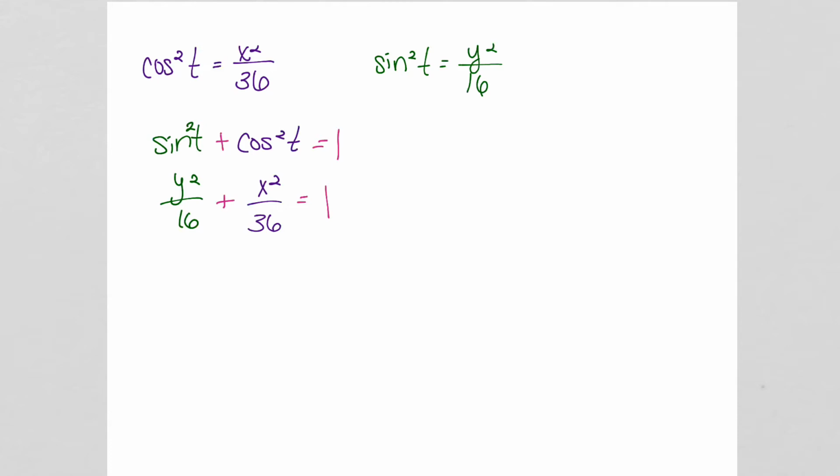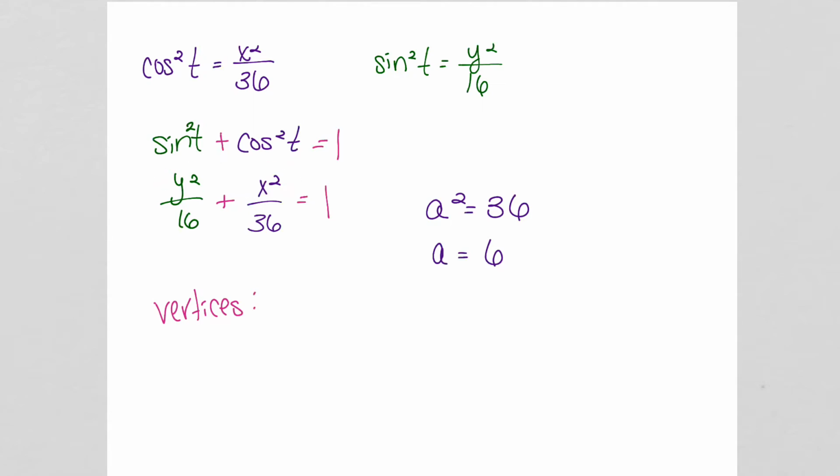So the bigger number is a squared, and a squared is 36. Therefore, a is 6. So this is centered about 0, 0, because we don't have any h or k added in here.